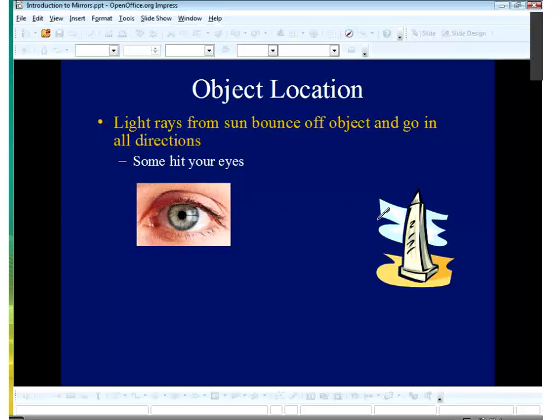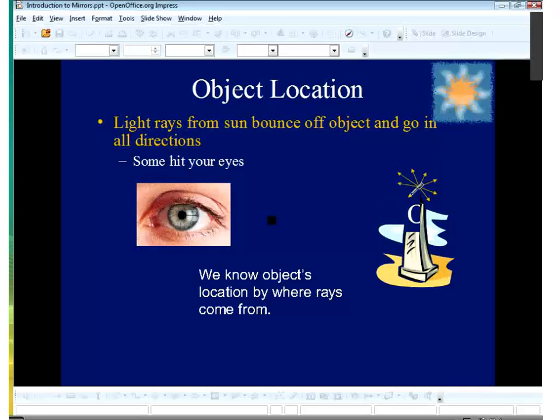Several people are able to see the same thing, right? So after the light reflects, it goes in several directions. And depending on where your eyes are located, you are able to catch those rays. So some rays reach the eyes, and that's how the object is visible.